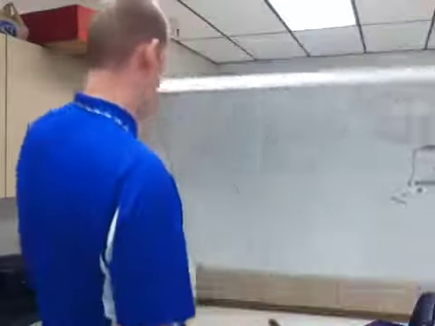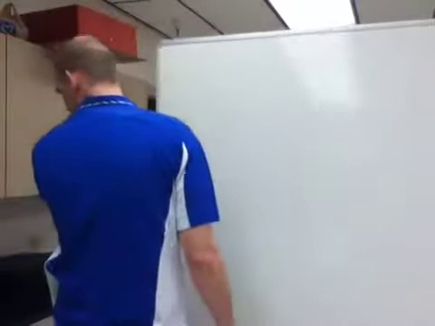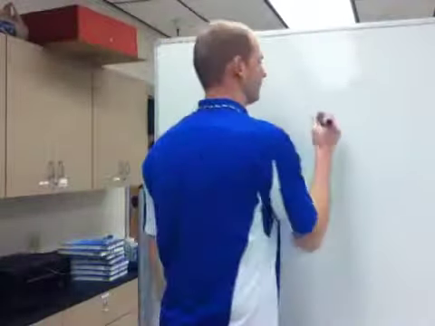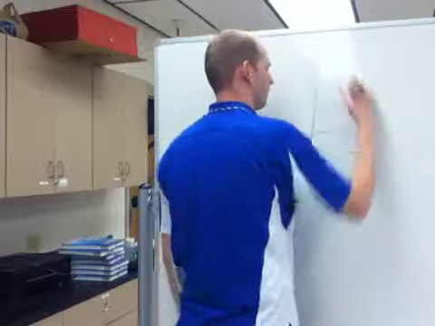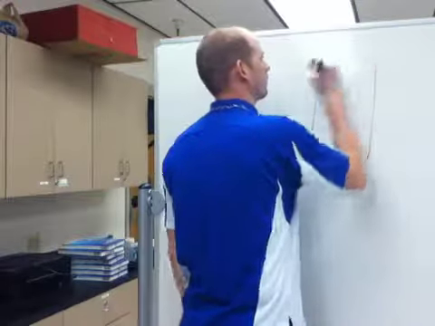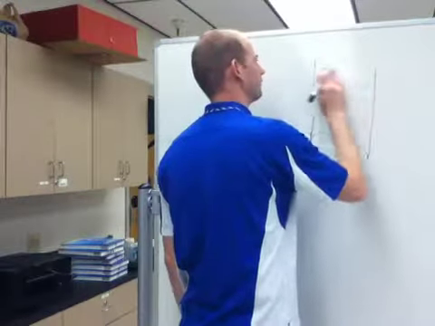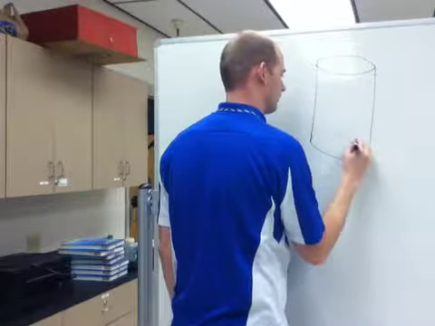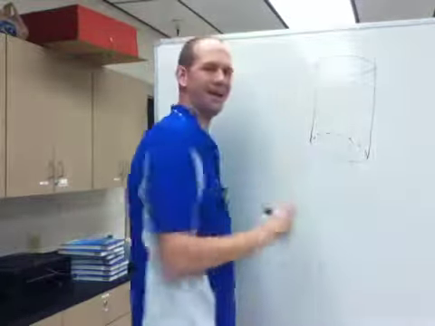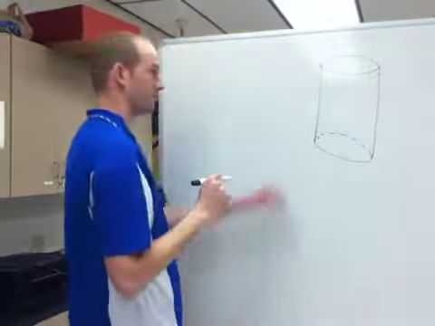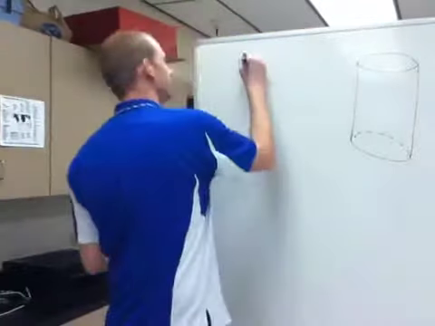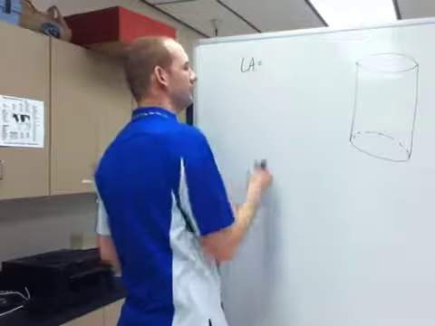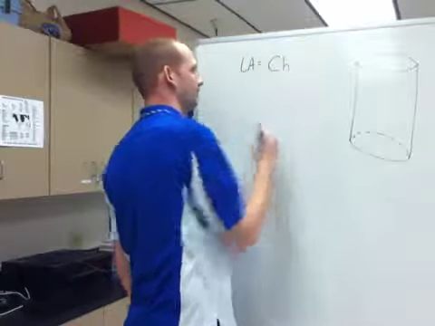Now the other thing we're doing is surface area of a cylinder. So if you don't know what a cylinder is, it looks like that, vaguely. I'll make it a little better than that. And the idea is the same, except the lateral area is going to be the circumference times the height.